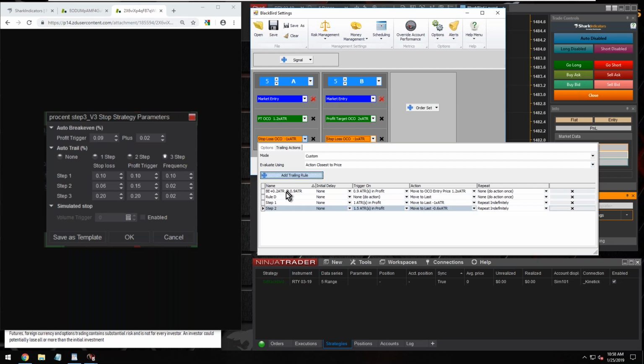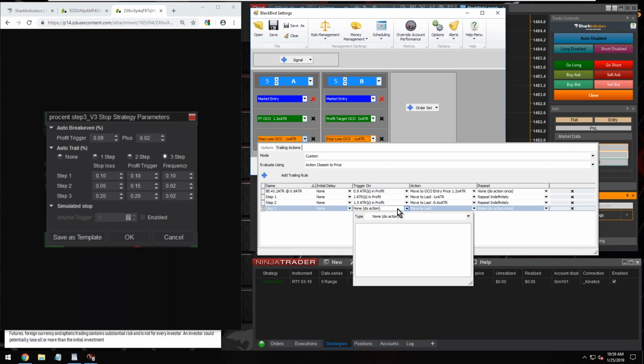Let's add another rule here. And let's do step 3, like so. And if you want to sort these again, you can just hit the name there, and that'll sort them for you. So now our step 3 is on the bottom. All right, so our trigger.